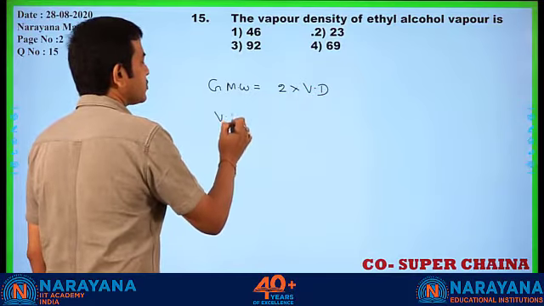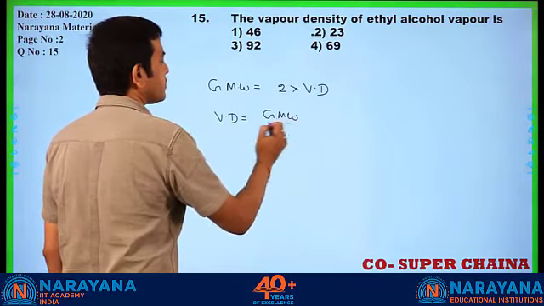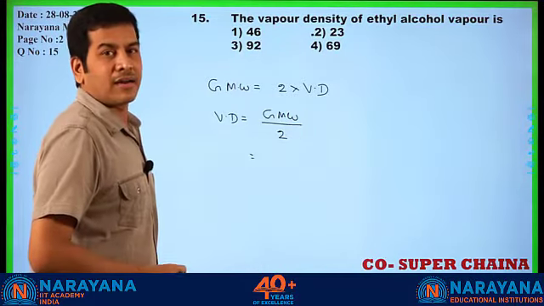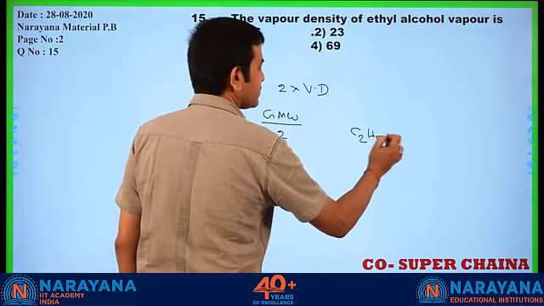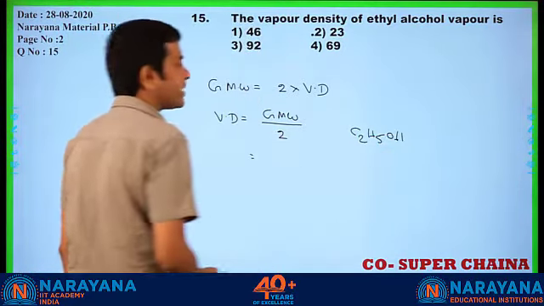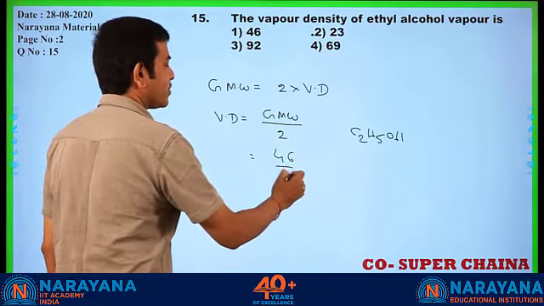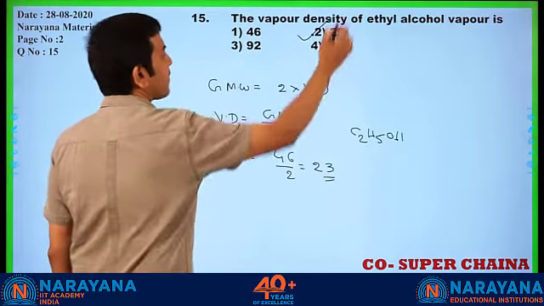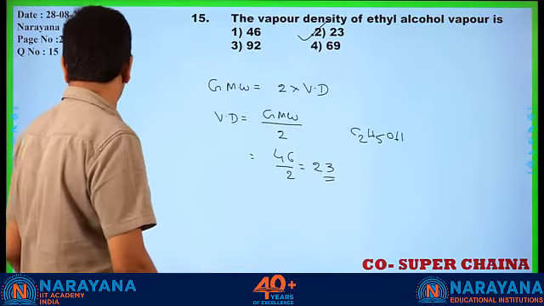Now vapor density is equal to gram molecular weight by 2. Ethyl alcohol, C2H5OH, its molecular weight is 46. 46 by 2, that is equal to 23, is the vapor density. Then option 2 is correct. Next question.